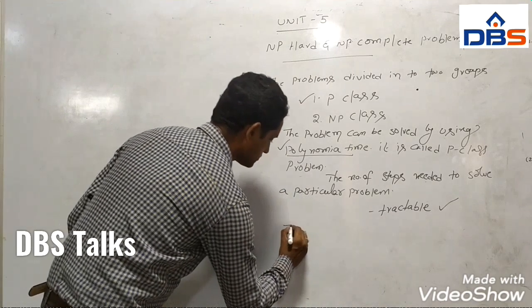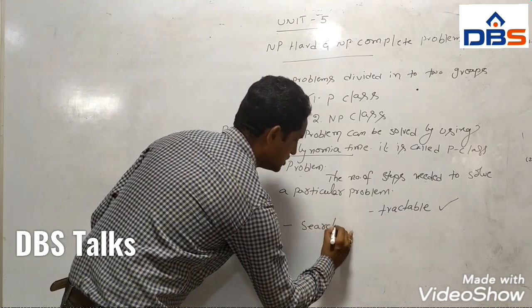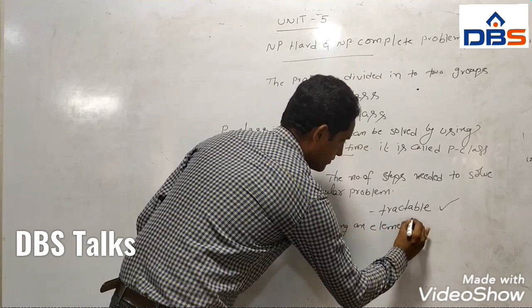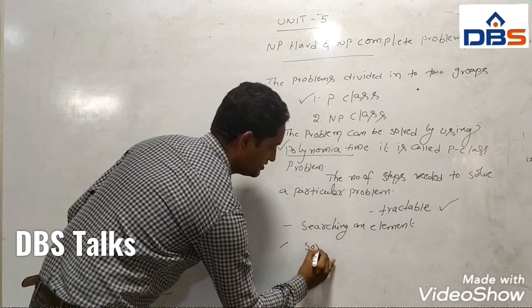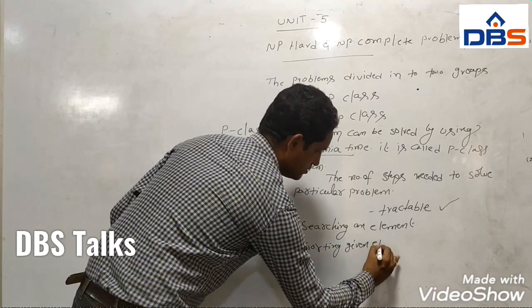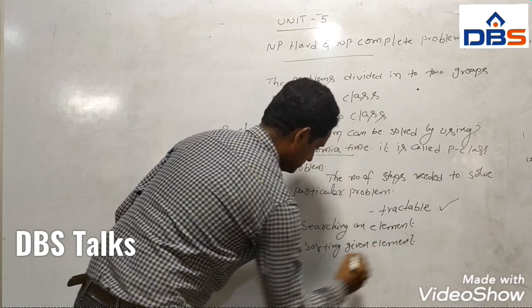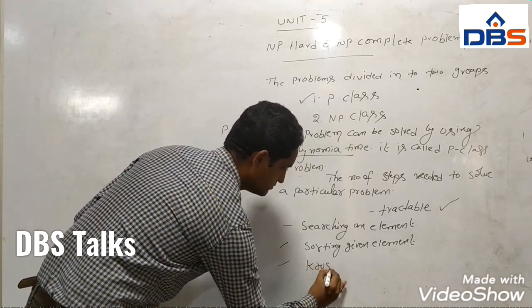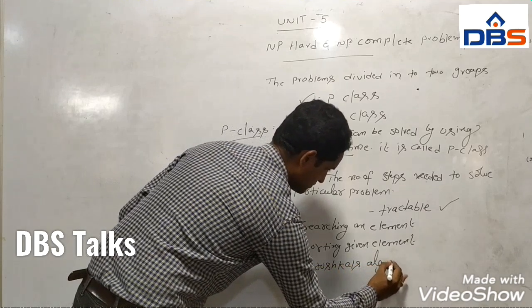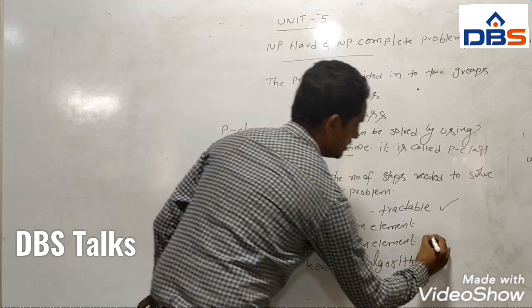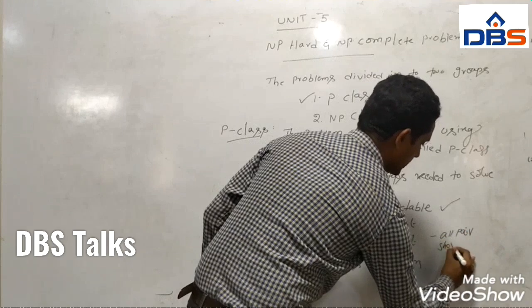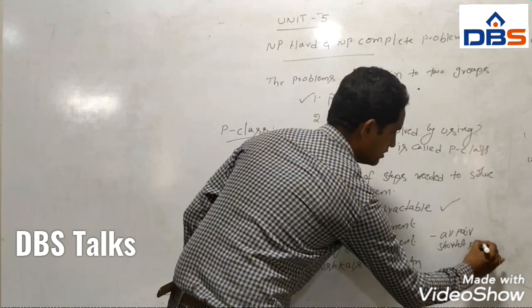So for example, searching an element, sorting the given elements, Kruskal's algorithm, and the all pair shortest path problem.